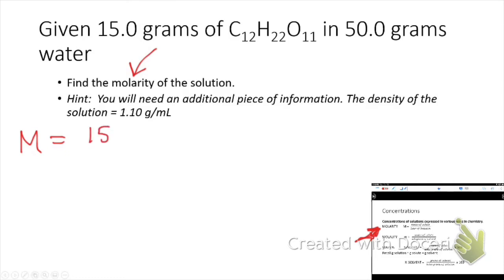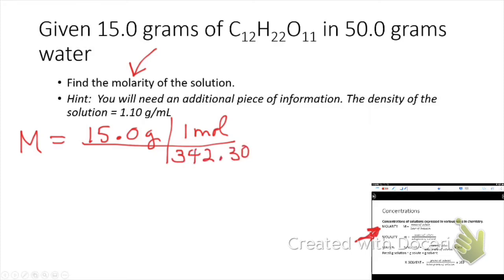We have all that information. We found our molar mass already. So we still have 15 grams. Our molar mass of the sucrose is still 342.30 grams per mole. But we have some extra work here to do to find the liters of solution.